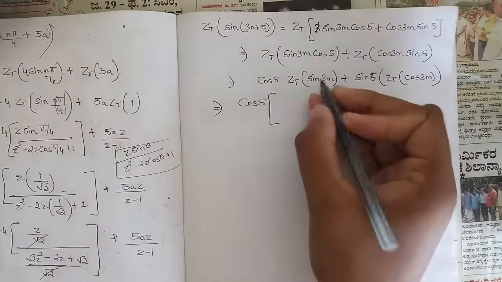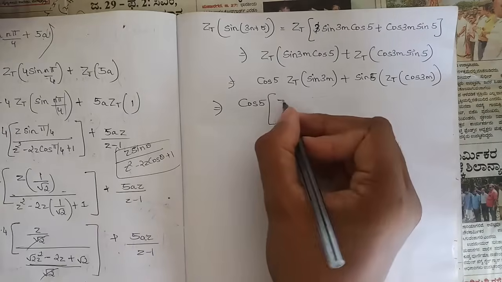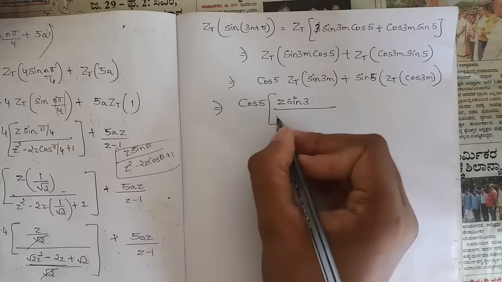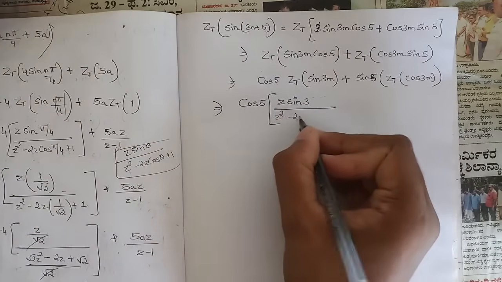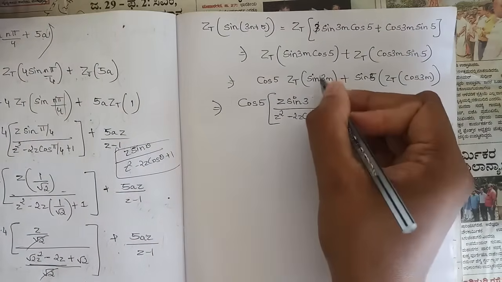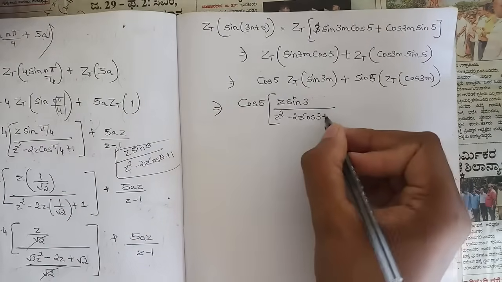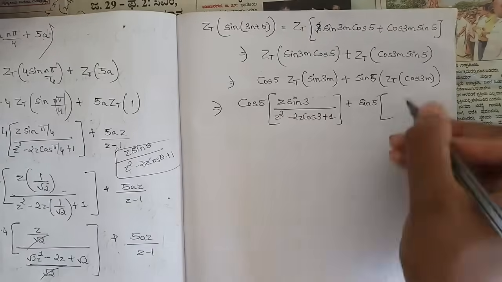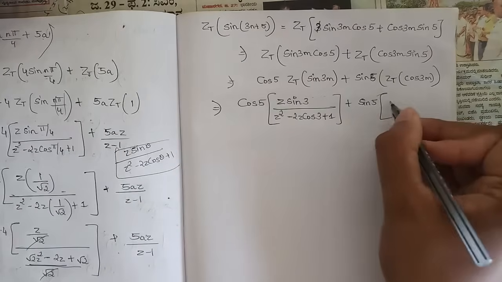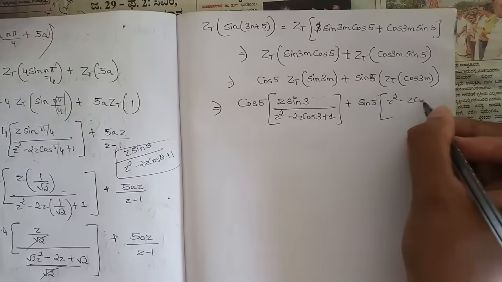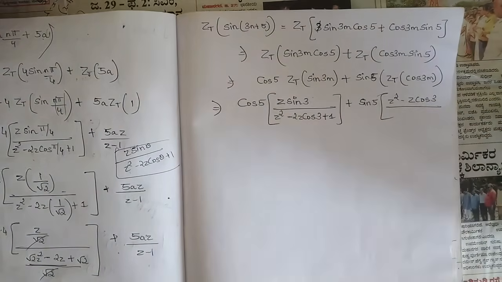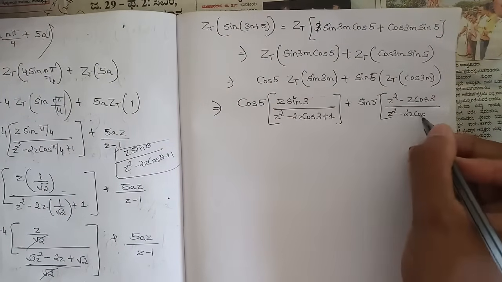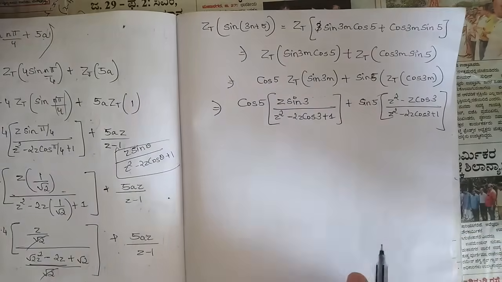Cos 5 into the z transform of sin n theta, which is z sin theta over z square minus 2z cos theta plus 1, with theta equal to 3, plus sin 5 into the z transform of cos n theta, that is z square minus z cos theta over z square minus 2z cos theta plus 1, again with theta equal to 3.